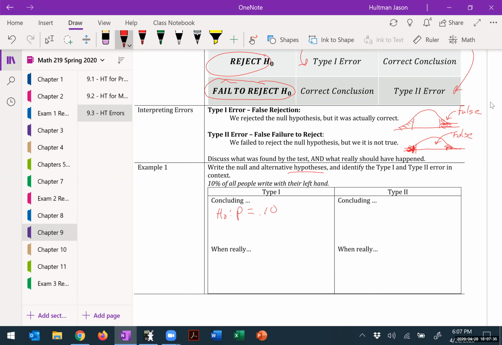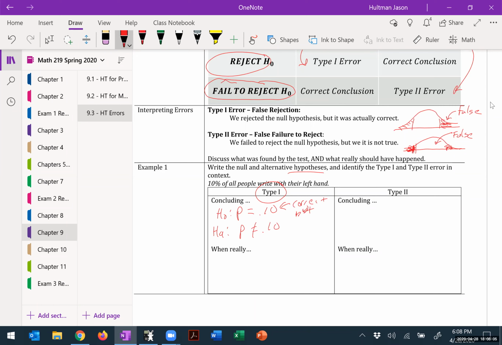What would be the alternative? The alternative would be that it's not 10%. For a type 1 error, we would falsely reject the null. We would reject when we shouldn't have. It was actually true that this 0.10 was correct.